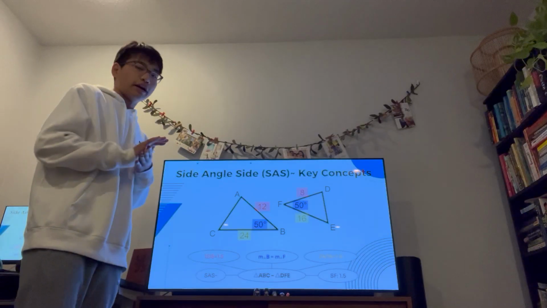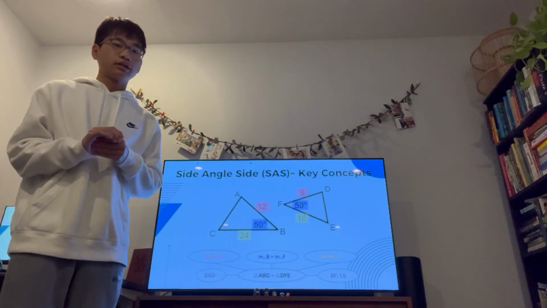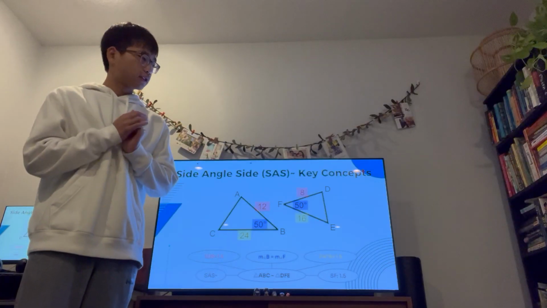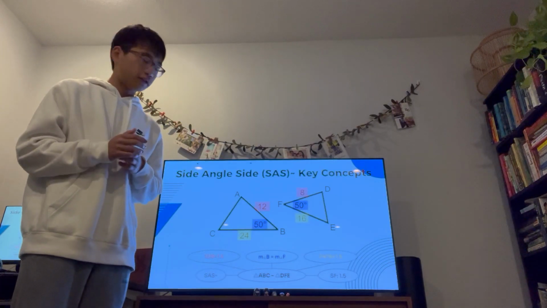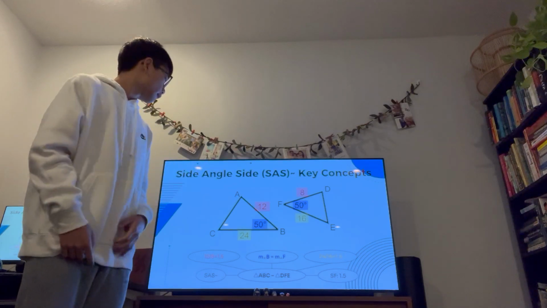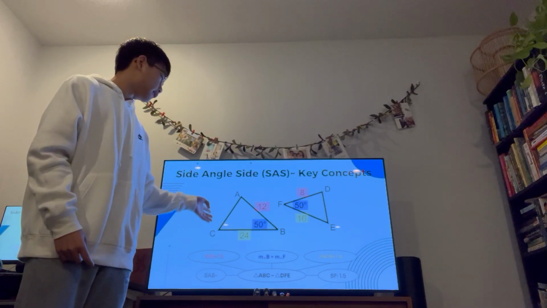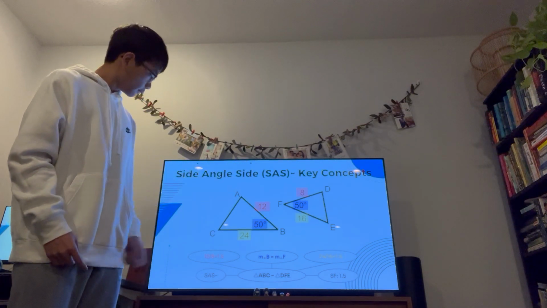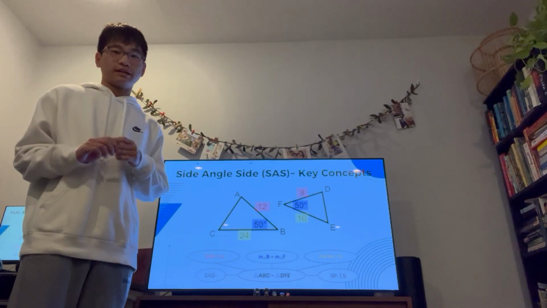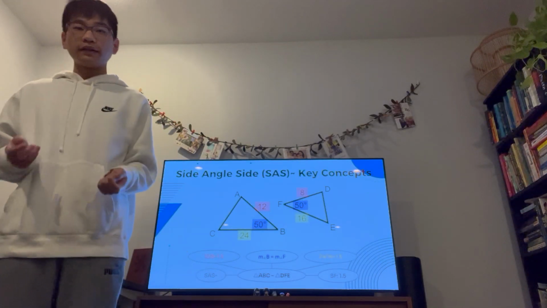And to figure out if these two sides are proportional, we would need to find something called a scale factor, which is how much one triangle is scaled up to another. So we would find that by dividing each side by its counterpart. So 12 divided by 8 is 1.5, and 24 divided by 16 is also 1.5.